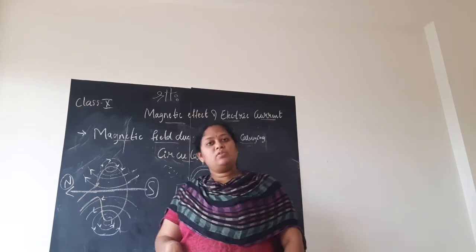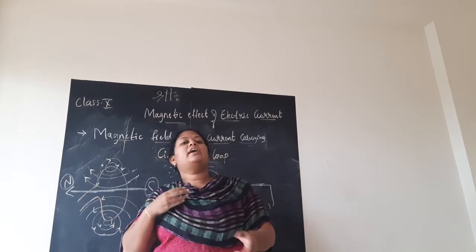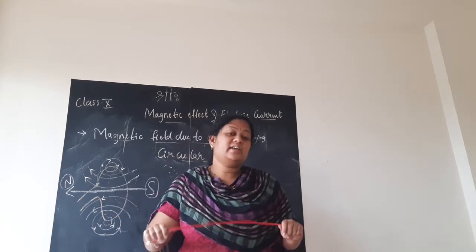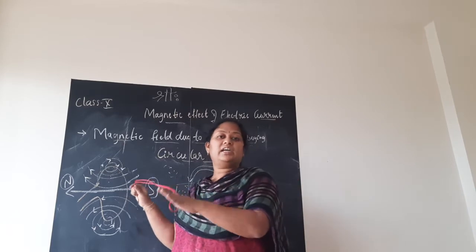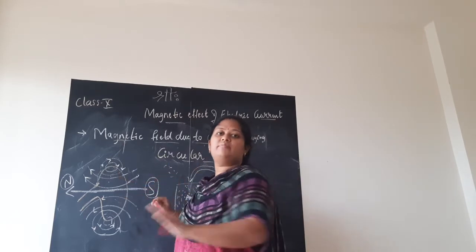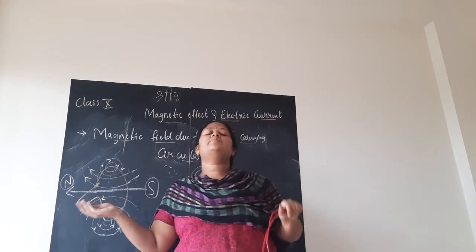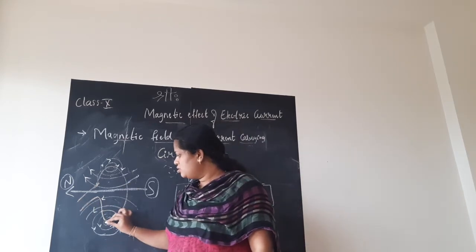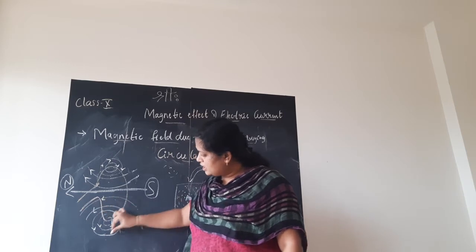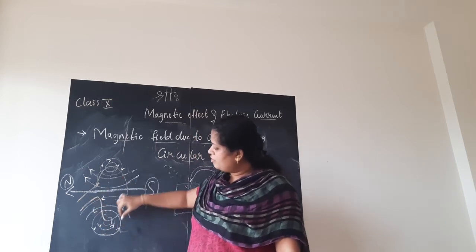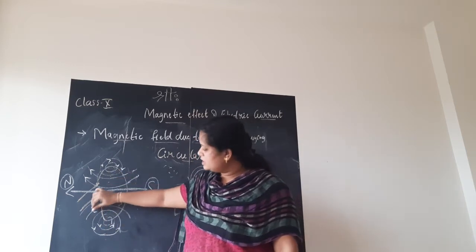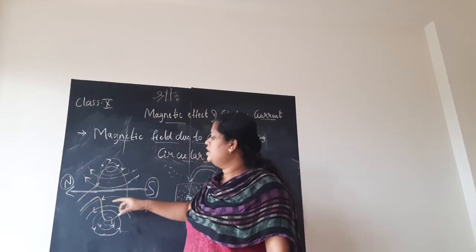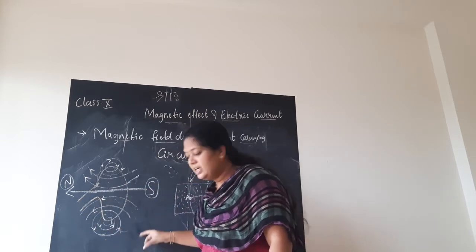But as we know, the distance and the magnetic field are inversely proportional to each other. That is, as the distance of the magnetic compass increases from the current carrying conductor, its magnetic field strength goes on decreasing. Similarly, here also, as you are moving away from the wire, these concentric circles will not be complete circles anymore.